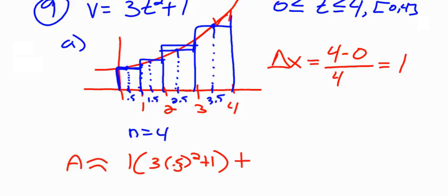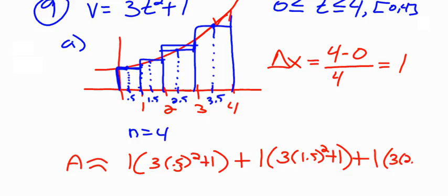And then I'm going to add it to the area of the second rectangle, which is a width of 1, and the height is going to be 1.5 plugged into the function. And then plus the next rectangle has a width of 1, and we're going to plug in that height of 2.5 in order to find the height into the function.